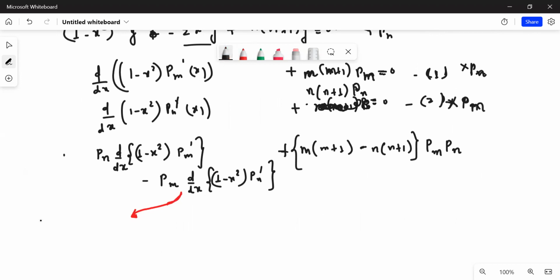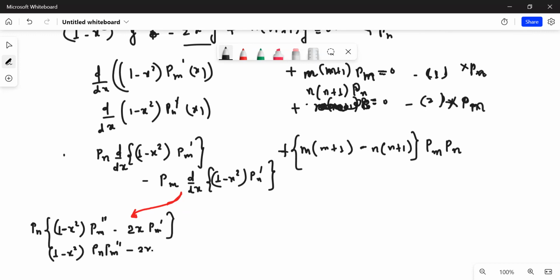So what it will be: this is Pn, and then I will write it as (1 minus x square), and then I have Pm double dash minus 2x Pm dash. Okay, and I will write it as (1 minus x square) Pm double dash minus 2x Pn Pm dash.